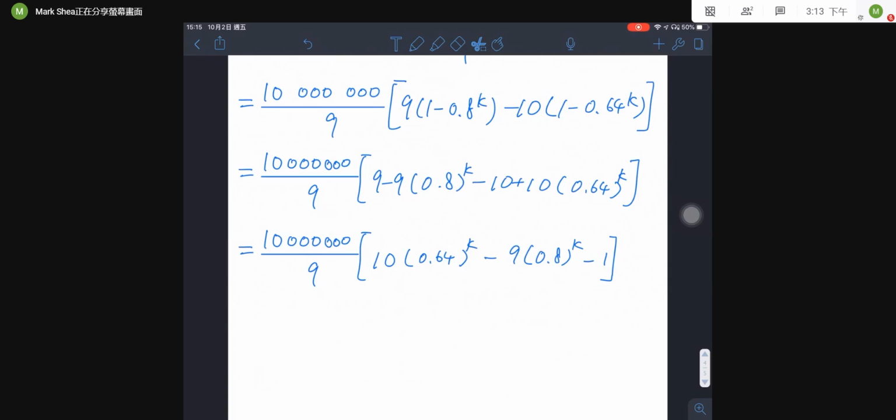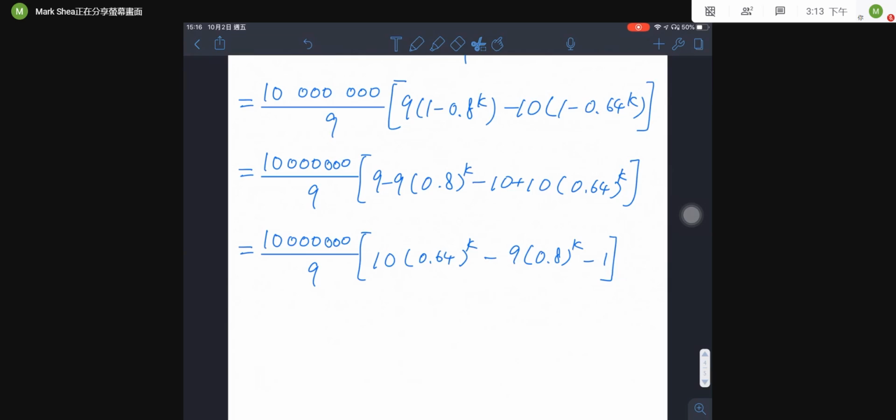Okay, the 10 million over 9 is the same in every step. So let's look at the terms in the square bracket. Here with 0.8 to the power k and 0.64 to the power k, you should observe the relationship between these two.